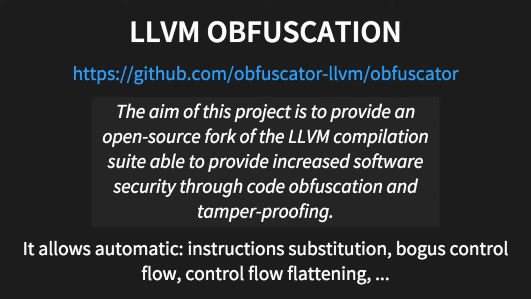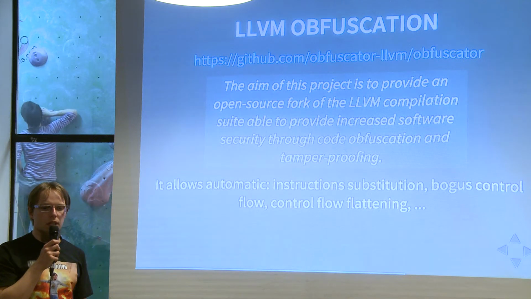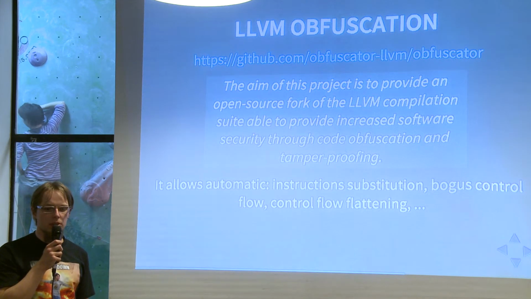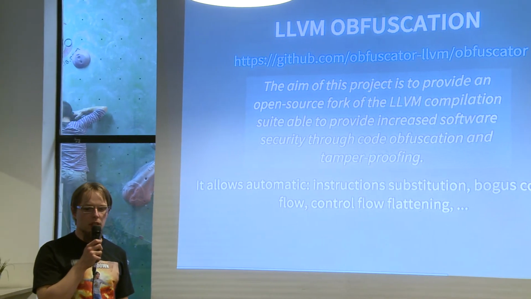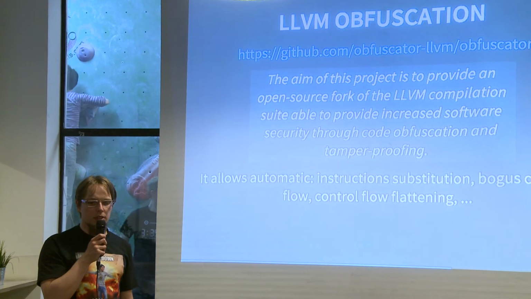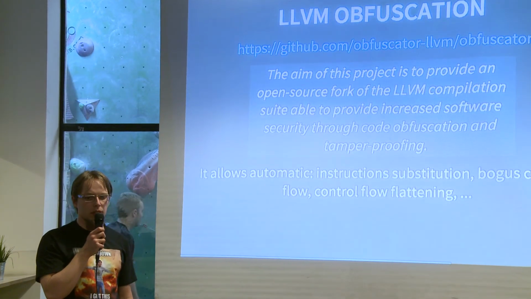Now we get to the obfuscation part. Normally in C++ apps, you can use obfuscation on the control flow level. So you can introduce additional branching, which does really nothing, additional loops, which don't do anything. You can flatten the call hierarchy. You can substitute the instructions.